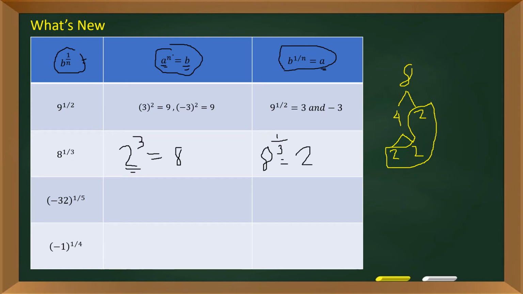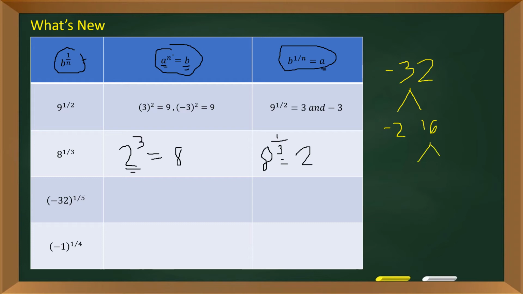Another, negative 32 raised to 1/5. Again, let us express negative 32 into an expression which is in exponential form. So negative 32 raised to 1/5, or negative 2 times positive 16.